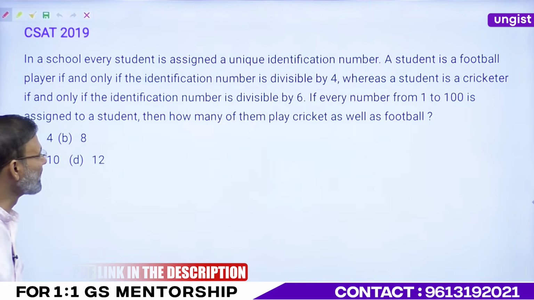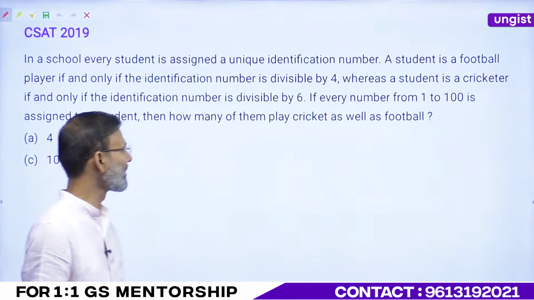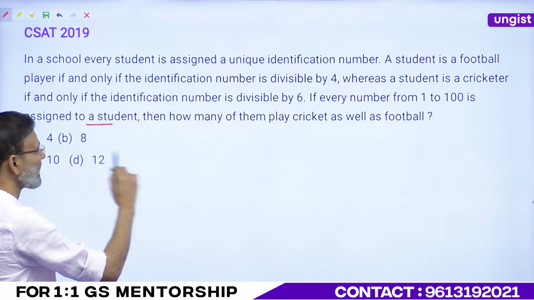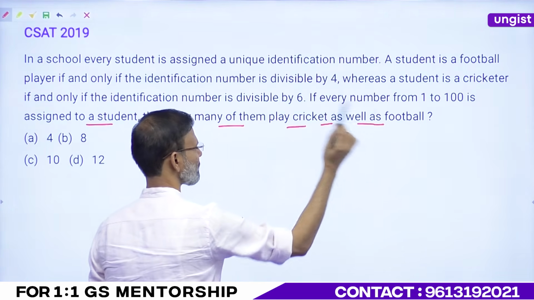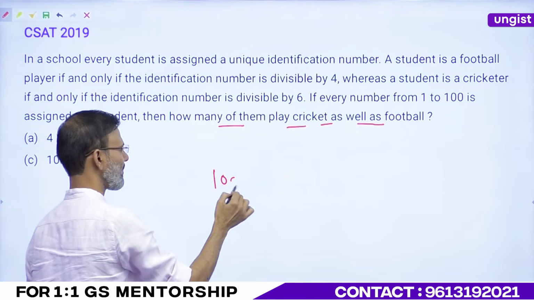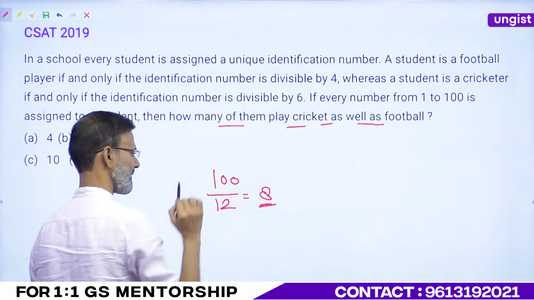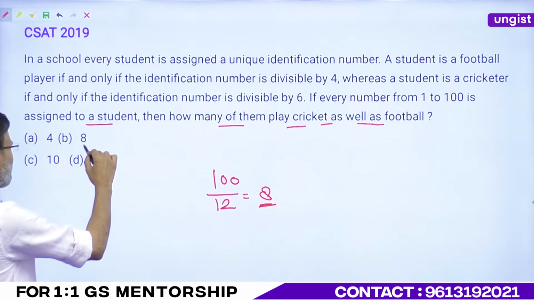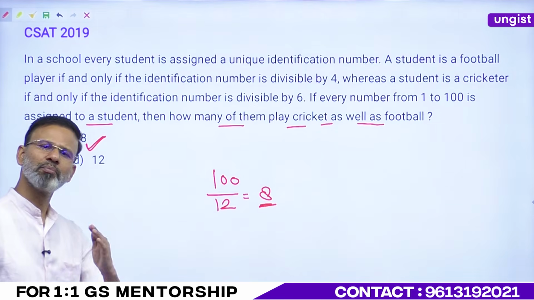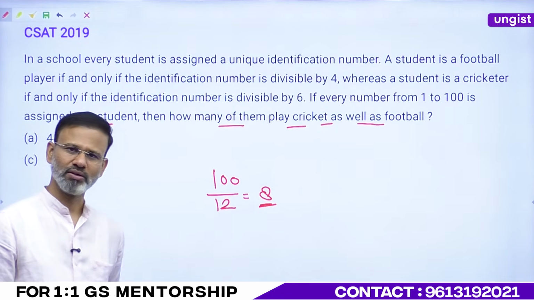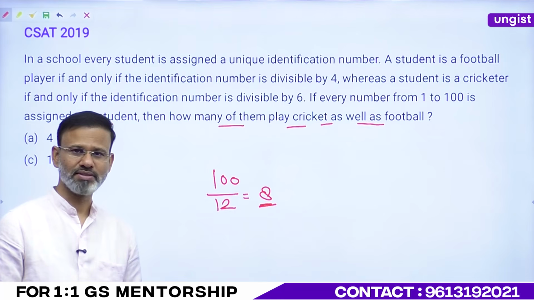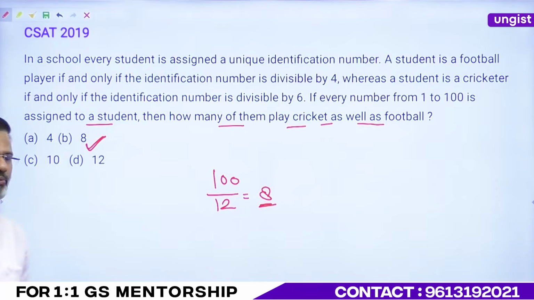So question is saying if every number from 1 to 100 is assigned to a student, then how many of them play cricket as well as football? Okay, so 100 divided by 12, this is 8 point something. So the answer is 8. All right, so 8 students are playing both the games, cricket as well as football. Okay, simple question, guys. All right, let's move to the next question.